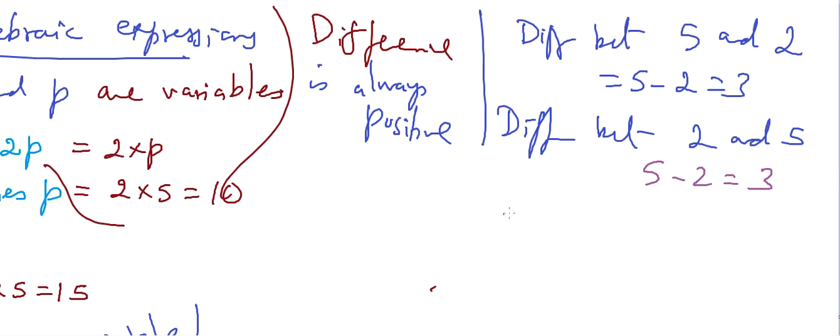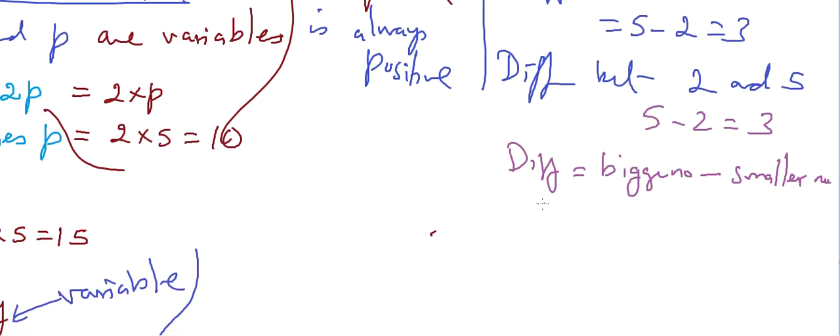Suppose we want to find the difference between two numbers. It's always the bigger number minus the smaller number that gives the difference. For example, you want to find the difference between 5 and minus 2.